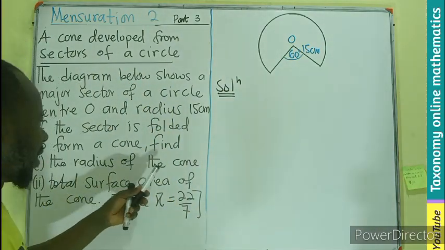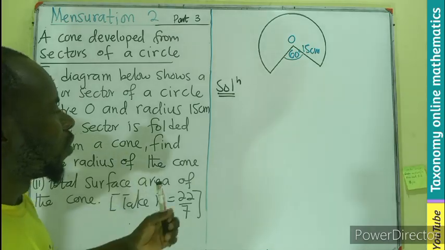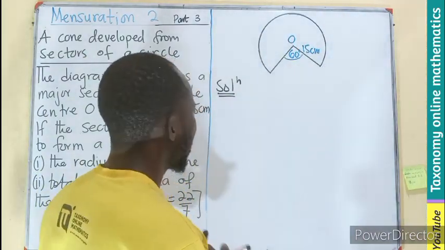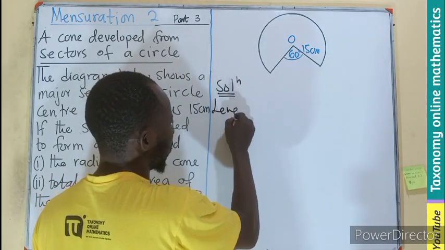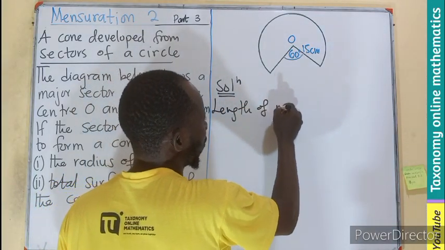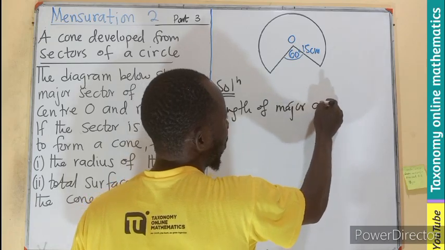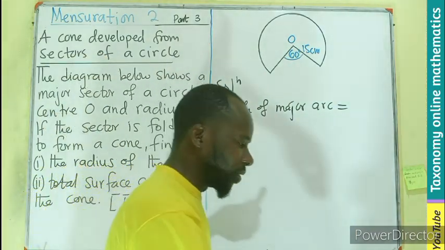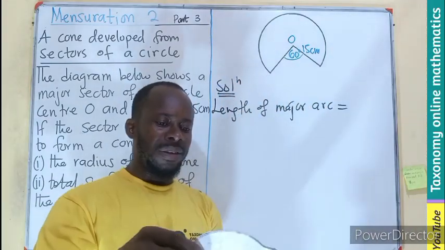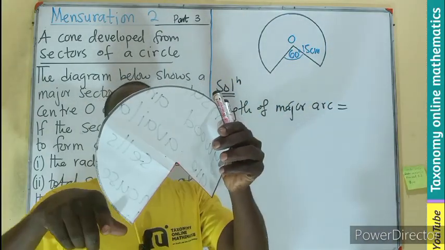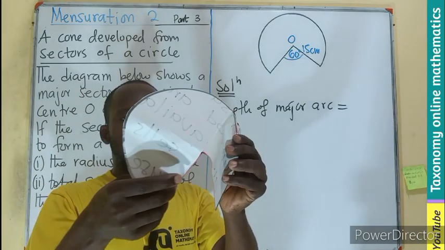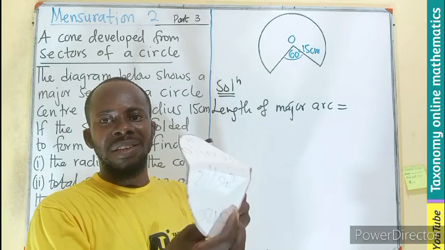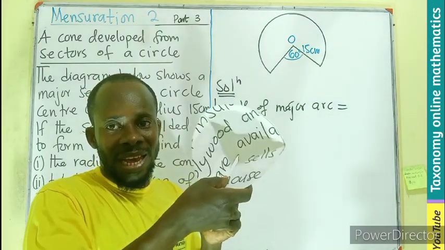radius of the cone, then I know that the length of the major arc is going to be the same as the circumference. If we check, the length is this arc. So if you fold it, this line becomes the circumference that will cover the circle.